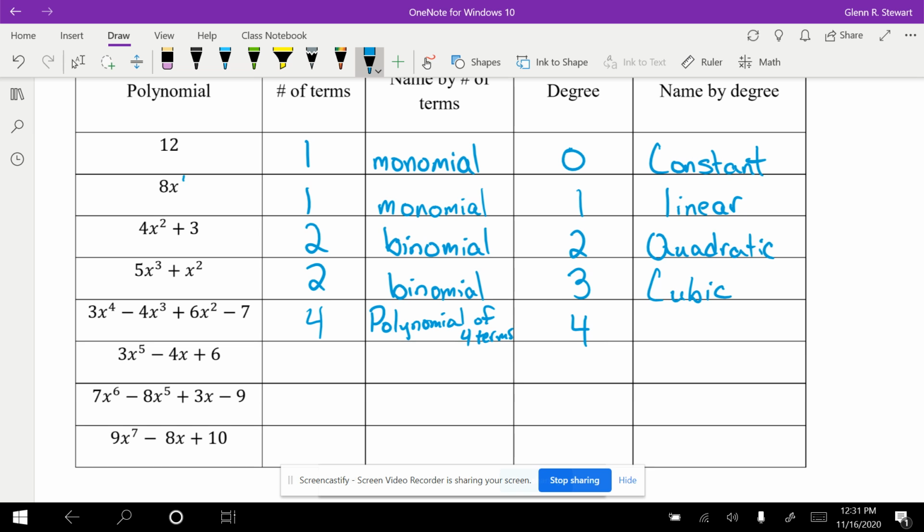It has a highest degree of 4, which we call quartic. The next one has 3 terms. We call that a trinomial. Highest degree is 5, which we call quintic.